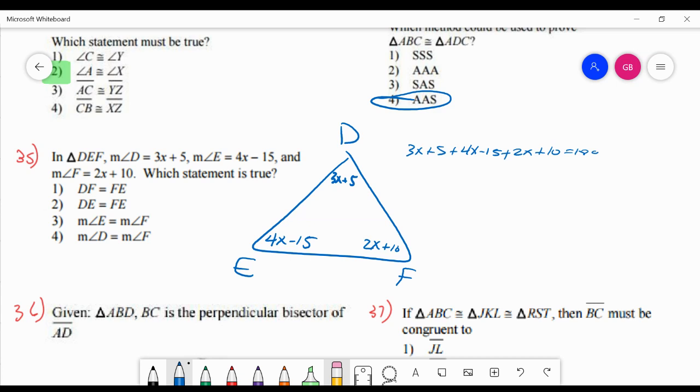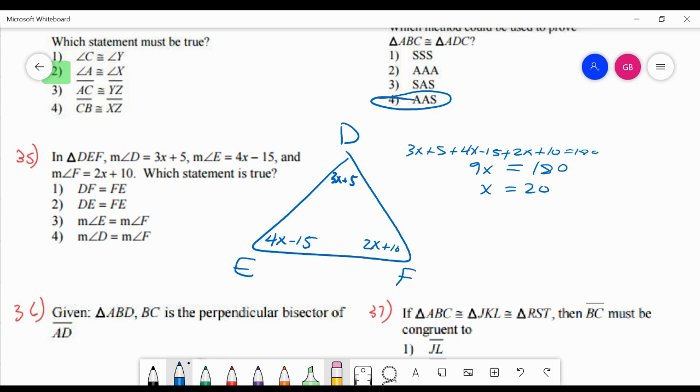Combine like terms. 3x plus 4x plus 2x is 9x. 5 minus 15 plus 10 is, I think that's 0. 5 minus 15 is negative 10, plus 10 is 0. Yeah, it's 0. So 9x is equal to 180. Divide both sides by 9, so x is 20.